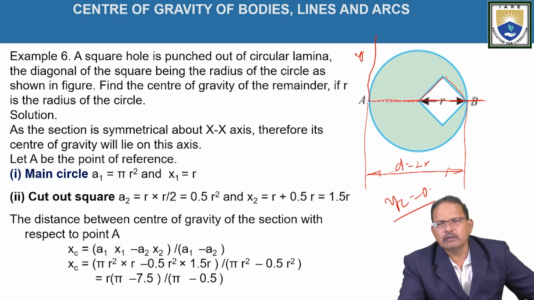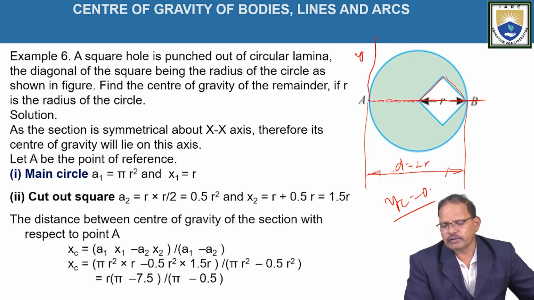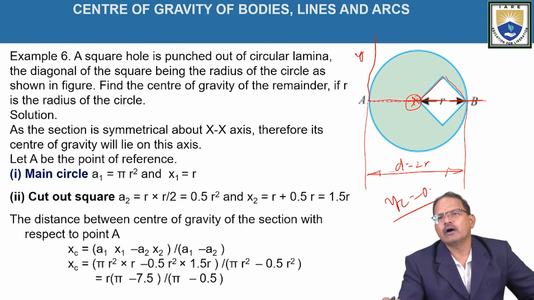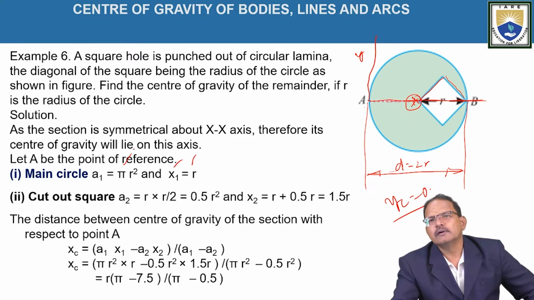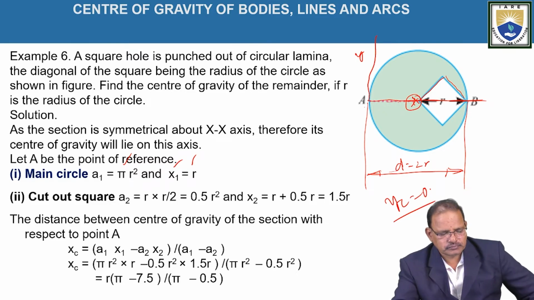Now, the area of the first figure is equal to pi r square, where r stands for the radius of the circle, and x1, for the first figure, lies at the center of the circle, which is at a distance of r. Hence, x1 is equal to r, area is equal to pi r square now.